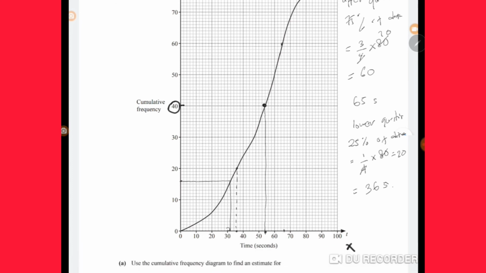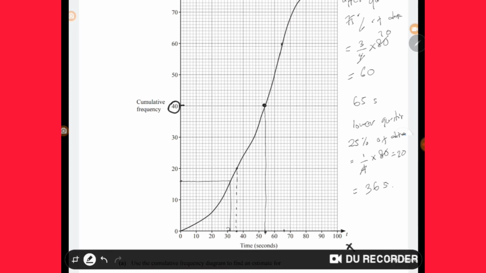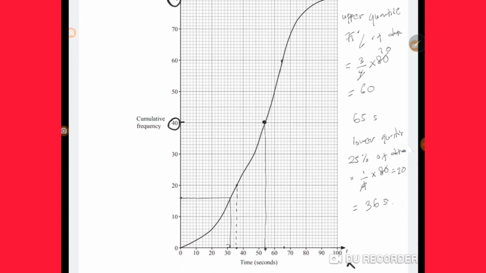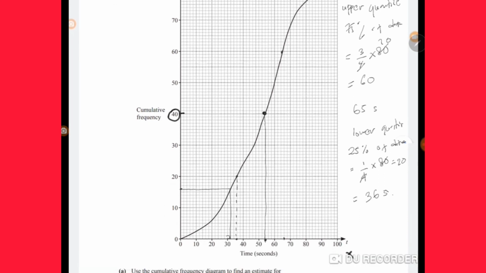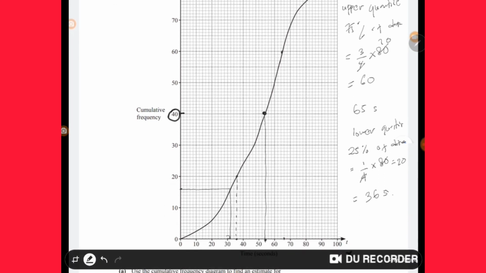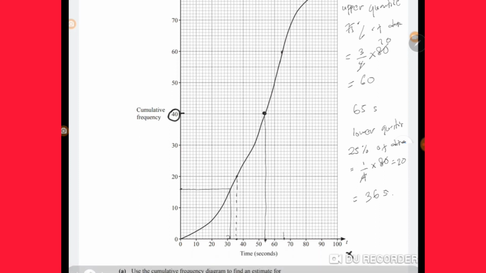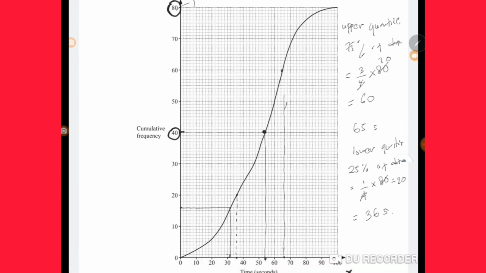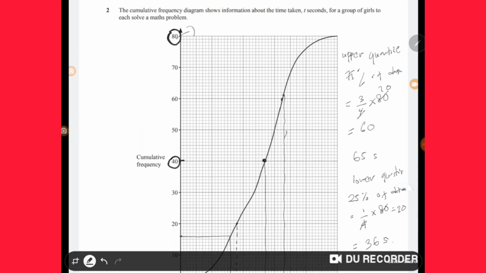And for more than 66, you go up to here, and then you go here.